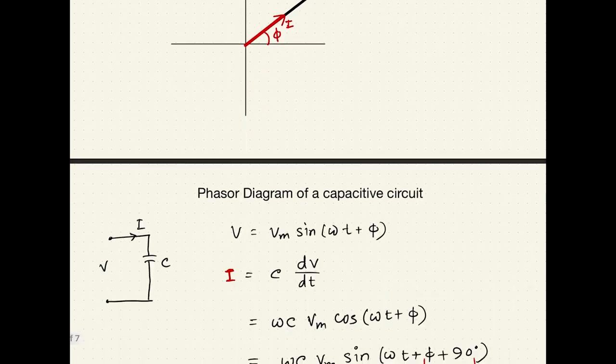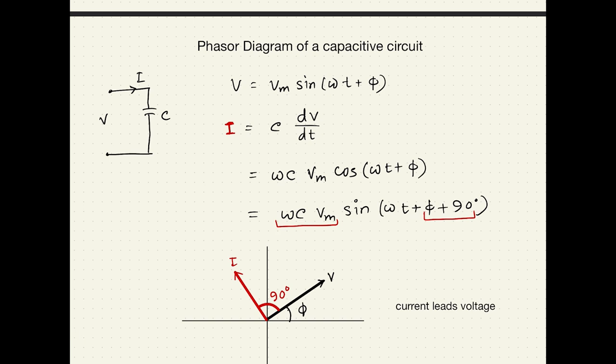Then for a purely capacitive circuit, by manipulating the current-voltage relationship, we get an expression for a current whose initial phase is 90 degrees plus the initial phase of the voltage, which means that the current in a capacitor is ahead of the voltage in phase by 90 degrees.